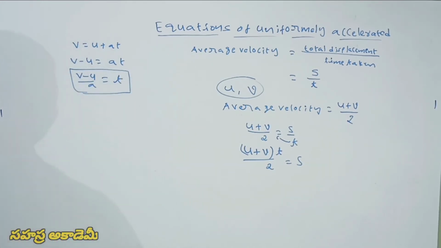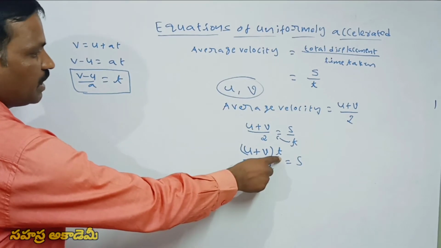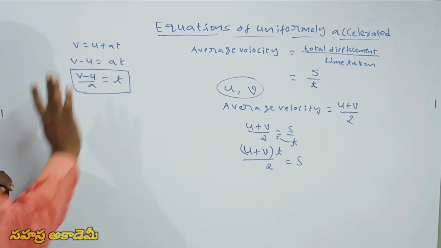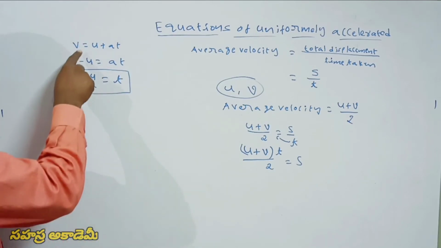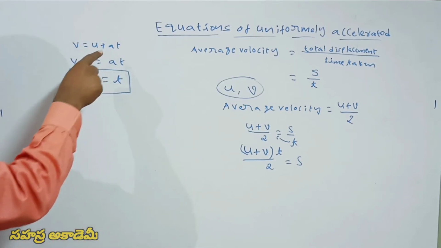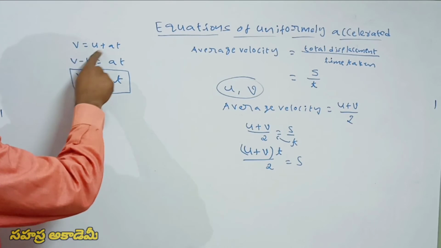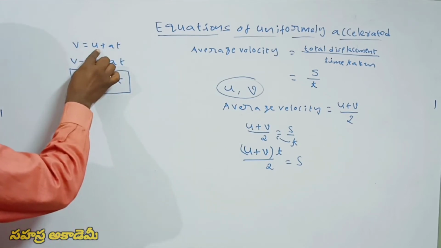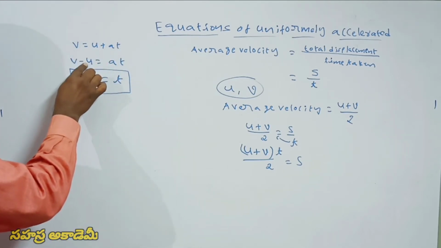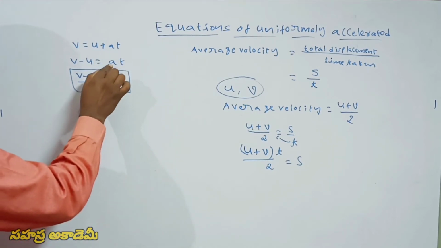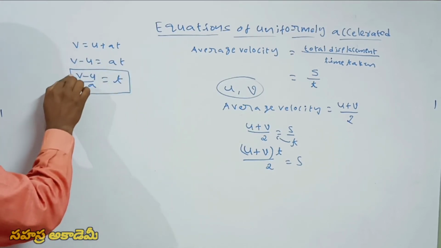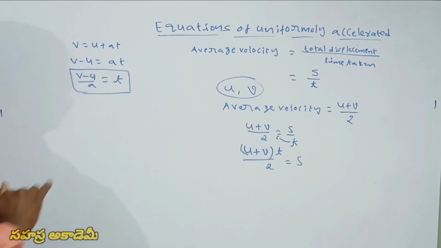So for this t, I am taking the value from equation 1, v is equal to u plus at. Send this plus u to this side, it becomes minus: v minus u is equal to at. Then send this a to this side: v minus u by a is equal to t.